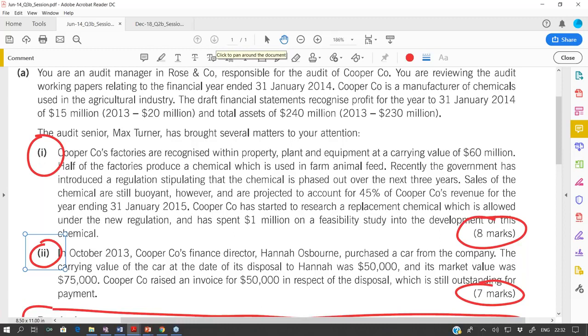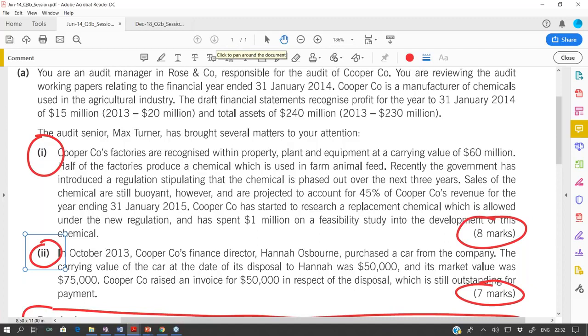Half the factories produces a chemical which is used in a farm animal feed. Recently, the government introduced a regulation stipulating that the chemical is to be phased out over the next 3 years.